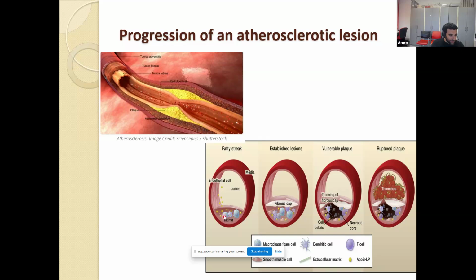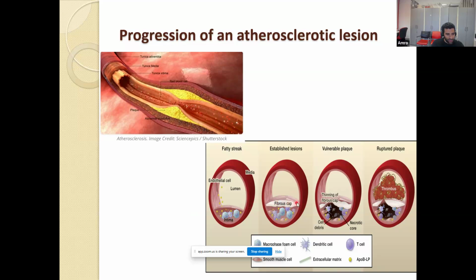And what we see is they start forming foam cells initially. The foam cells then encourage more cytokine attraction, and then the foam cells develop fatty streaks, and then the fatty streaks develop cholesterol plaques.